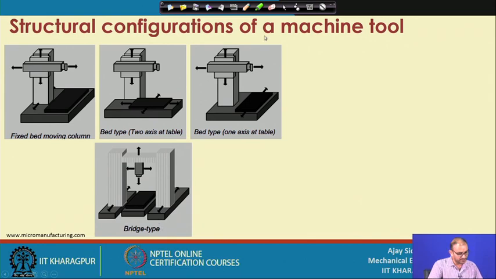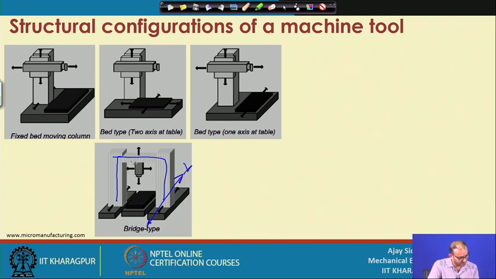Now, this is called bridge type construction. Here your workpiece or the table is fixed at this location, but this whole thing is a bridge, and this whole bridge is moving in the y direction.